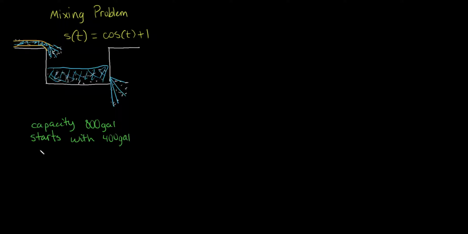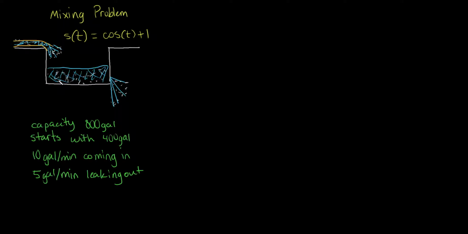But so we can say maybe 10 gallons per minute, this is this hose up here, are coming in. 5 gallons per minute are leaving through this pool's leak here. So 5 gallons per minute are leaking out, and that accounts for this.